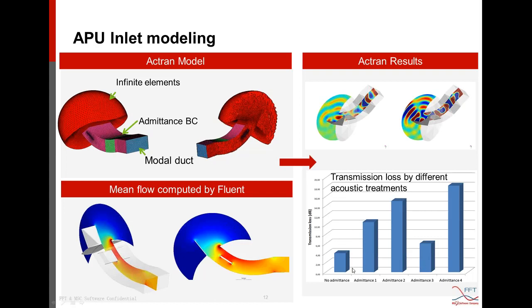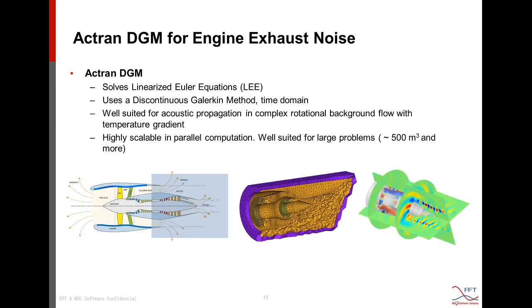We see that without any admittance or without any liner, there's a very low transmission loss. And with different values of admittance, we see different transmission loss values. So this demonstrates the ability of Actran for liner design in the APU inlet. Okay.